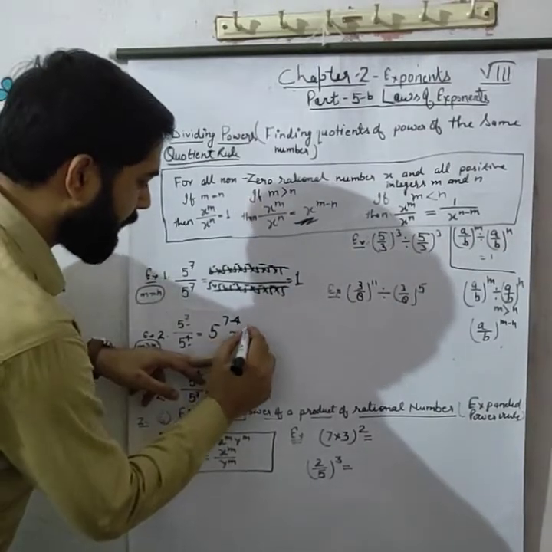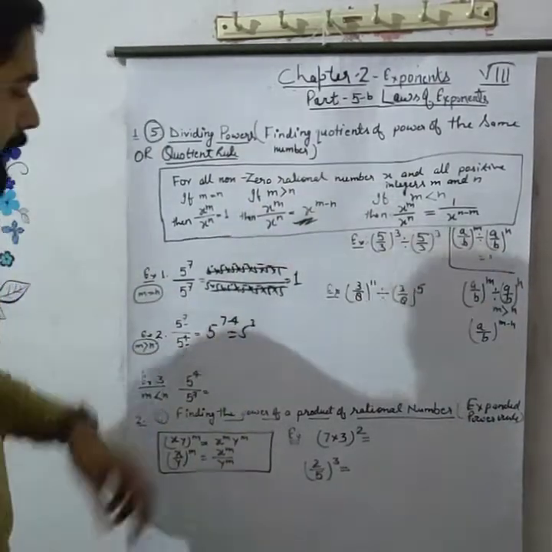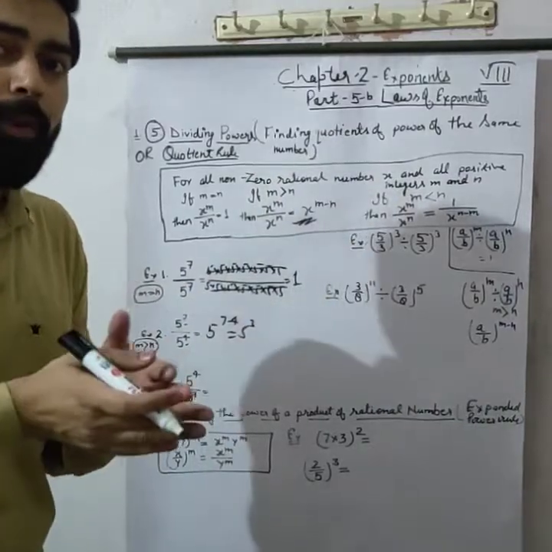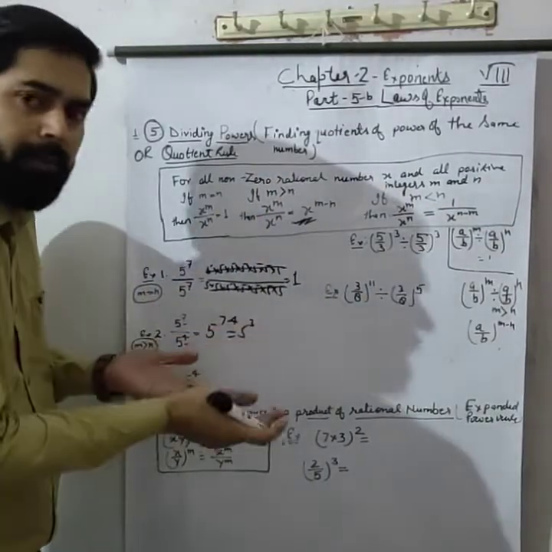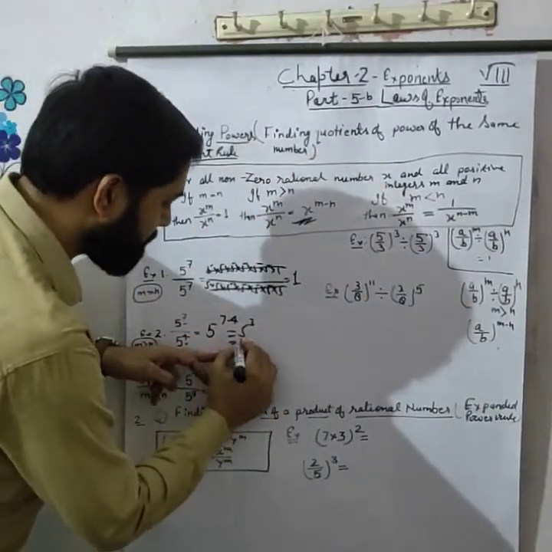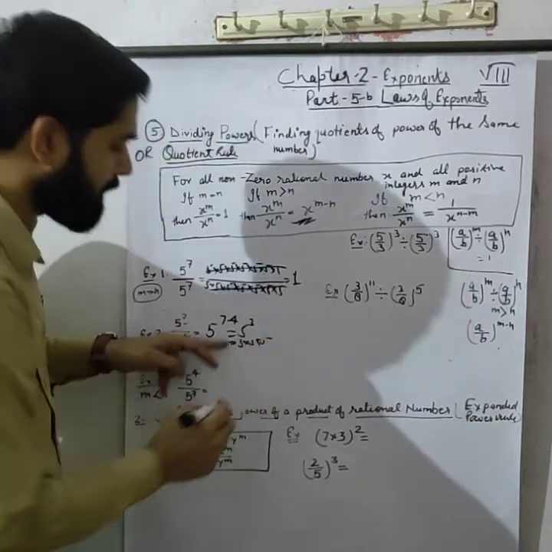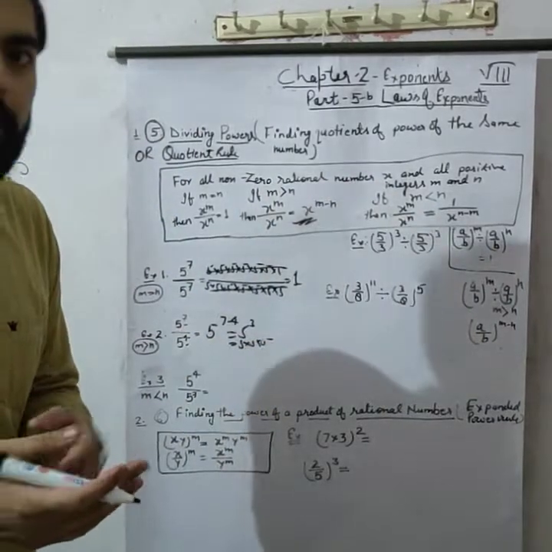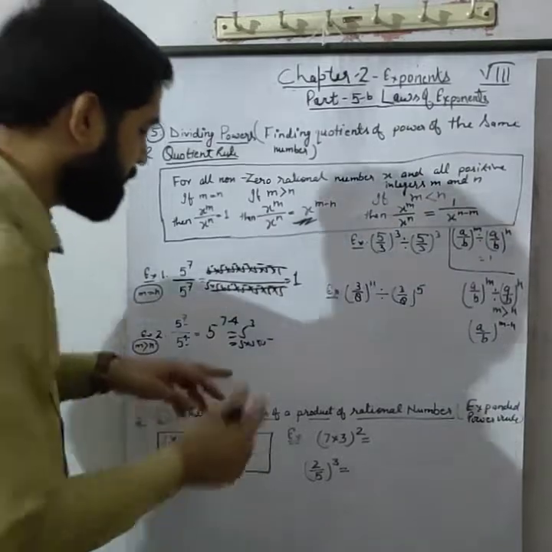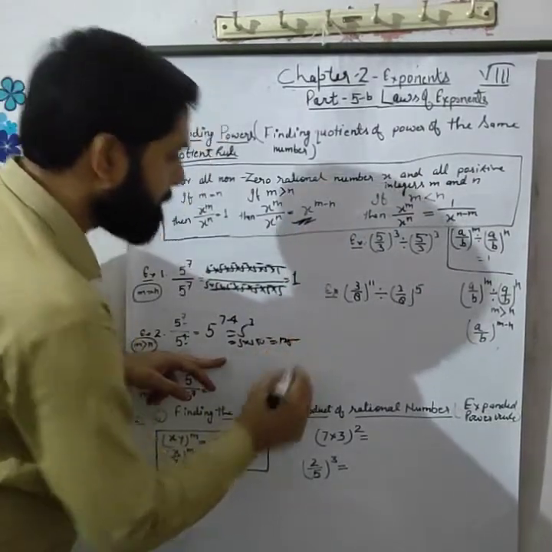So the answer will be 5 raised to the power 3. If the question says find the value or simplify, you can simplify easily. 5 raised to the power 3 means 5 multiplied 3 times. 5 fives are 25, 25 fives are 125. Then the answer will be 125.